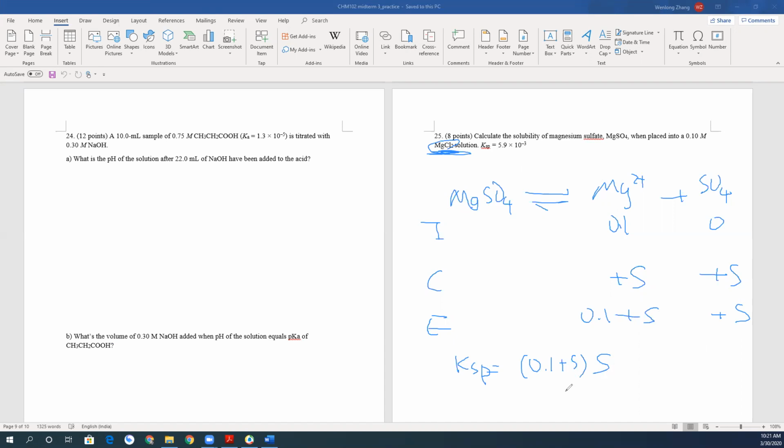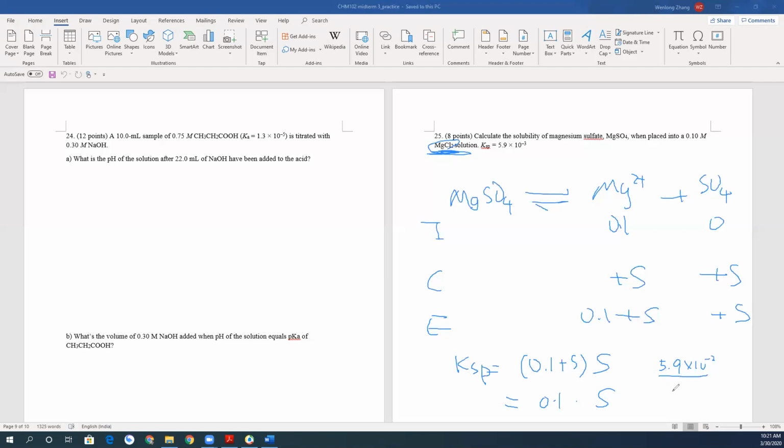So what I did was 0.1 times S and solve for S. But in that case, your S is going to be equal to 5.9 times 10 to the negative 2.